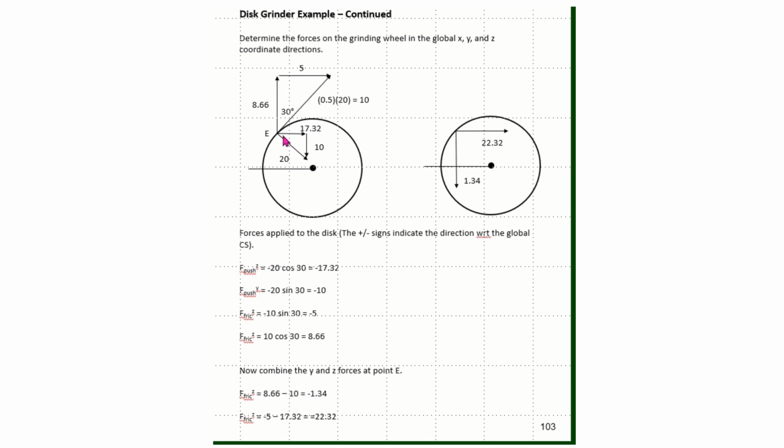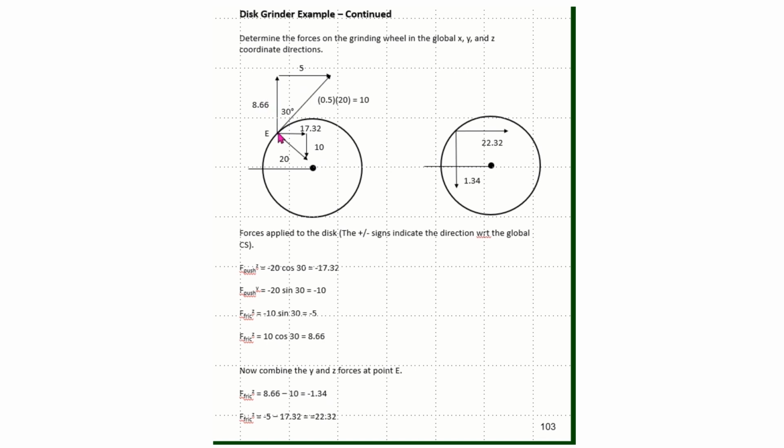Now what I need to do is resolve these forces into X and Y components. Breaking this 20-pound load into X and Y components results in 17.32 and 10. And breaking the frictional force into its components gives me 5 and 8.66.